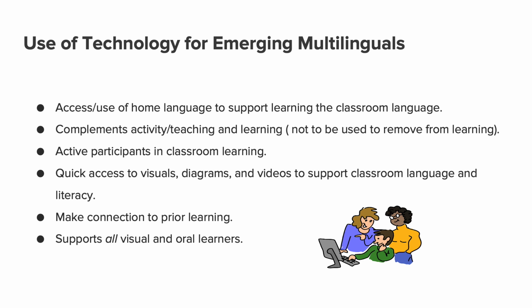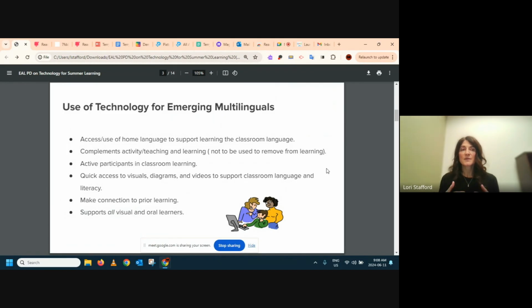It also allows them to be really active participants in their class learning, and everybody. I think it needs to become a norm that students know that they can access their Chromebooks if they need to. If you're putting a resource on Chromebooks, it would be great too if you're putting it on everybody's Chromebook so that it's just a norm in your classroom and not just for a particular student.